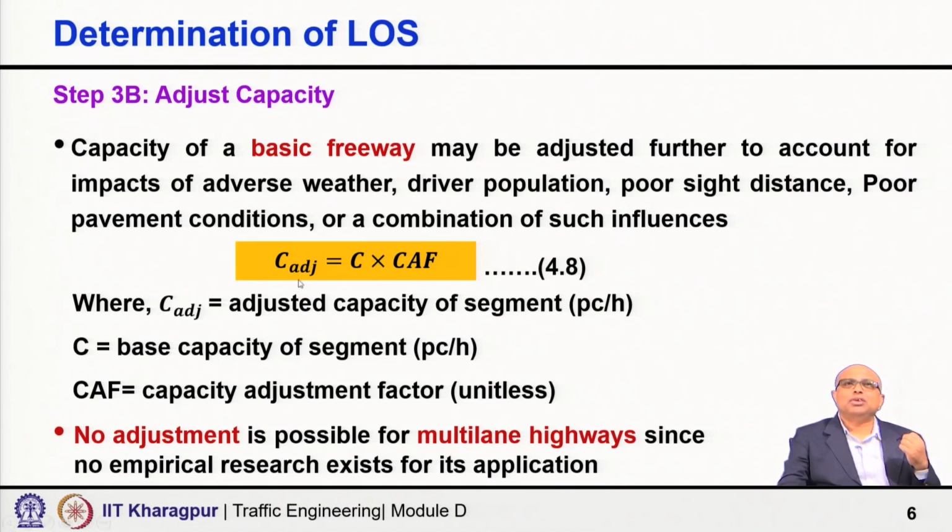Therefore, whatever capacity we have got, we multiply it by an appropriate factor, what is called the capacity adjustment factor. Sometimes this may be a single value, sometimes there may be multiple values, but we get that factor or those factors, combination of factors, and then accordingly get the C adjusted or the adjusted capacity of the segment as per prevailing condition.